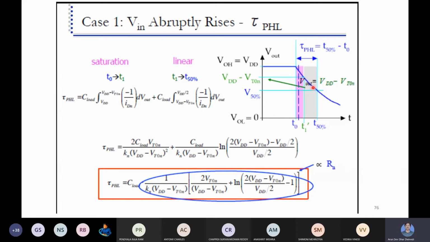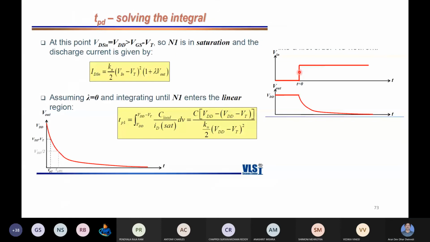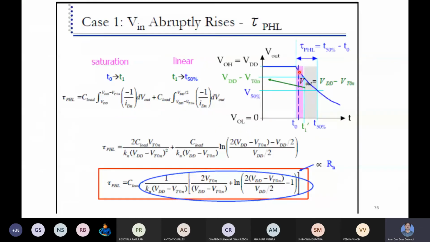In the integral we substitute the linear current equation in one part and the saturation current equation in the other. This is the main methodology used. It is broken into parts.